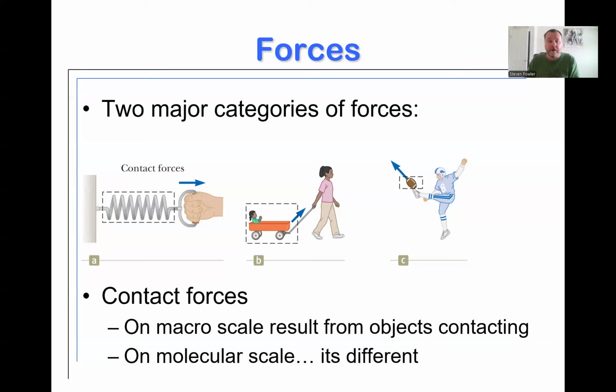So when we think about contact forces, these are basically 2 surfaces coming in contact with each other, causing a push or a pull on each other, and therefore possibly changing the motion of each other.